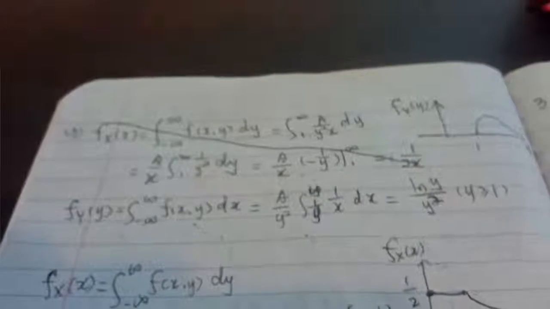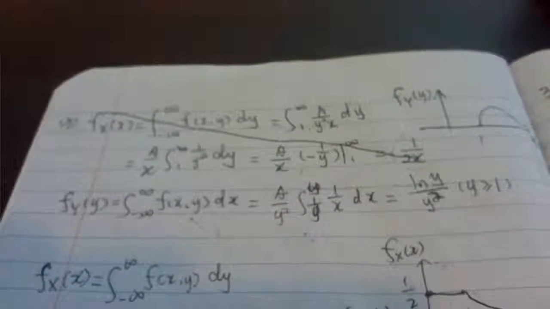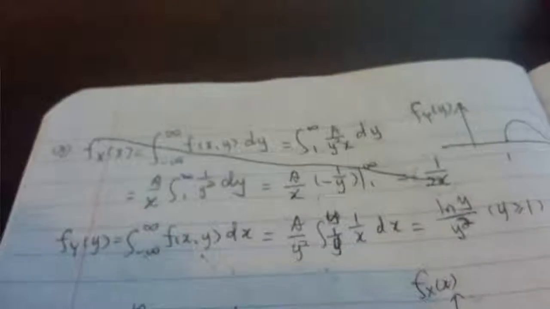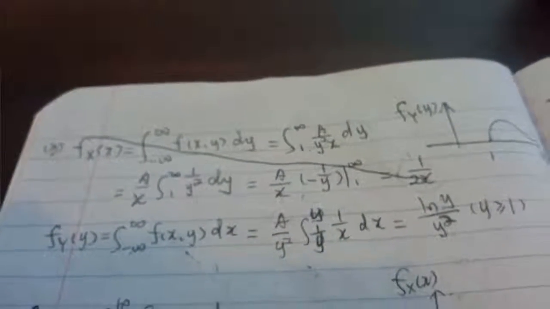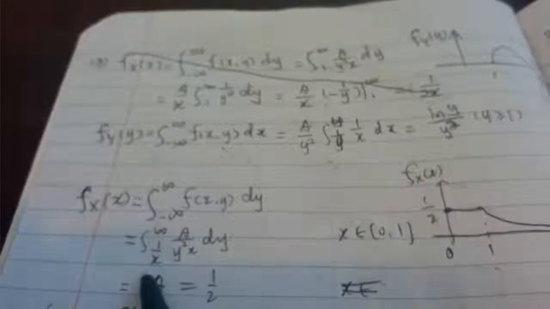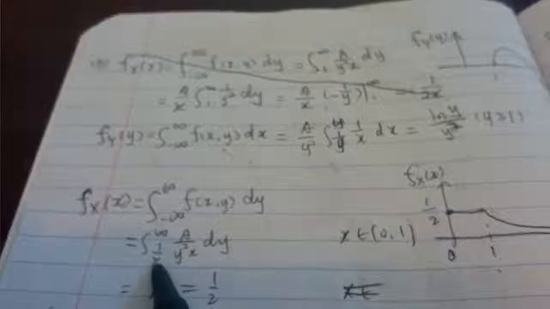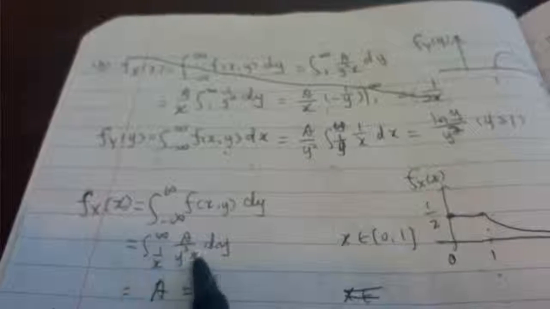The third question is we need to find and draw the marginal density functions f of x and f of y. For f of x, we integrate this function in two parts. The first part is x greater than 0 and less than 1, and in this part the integral region is from 1 over x to infinity.